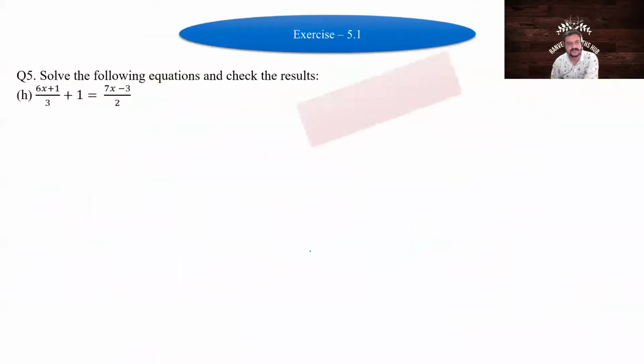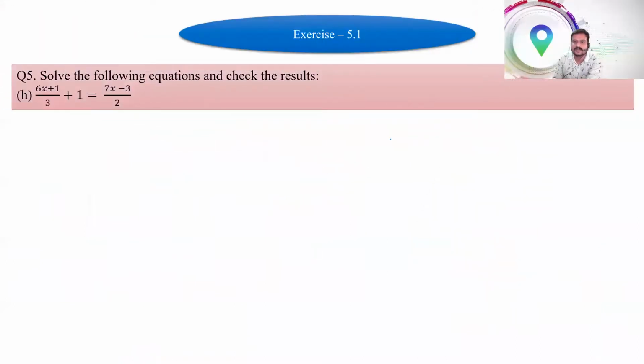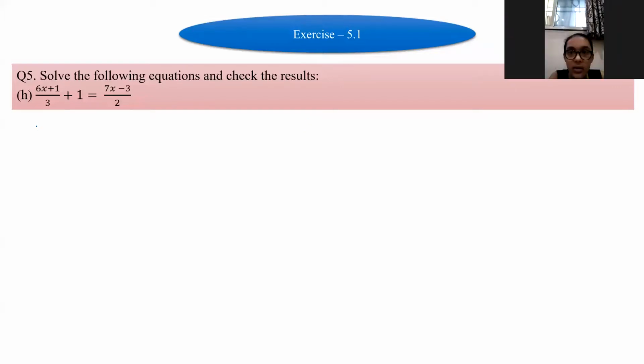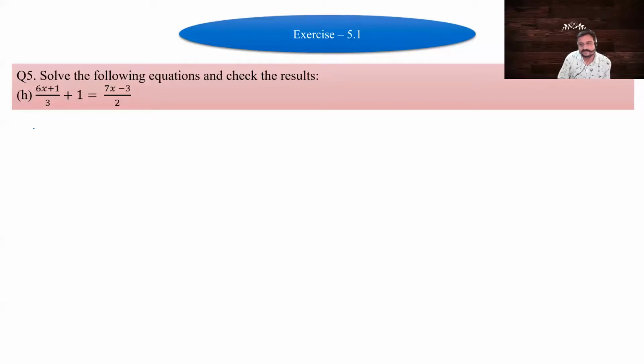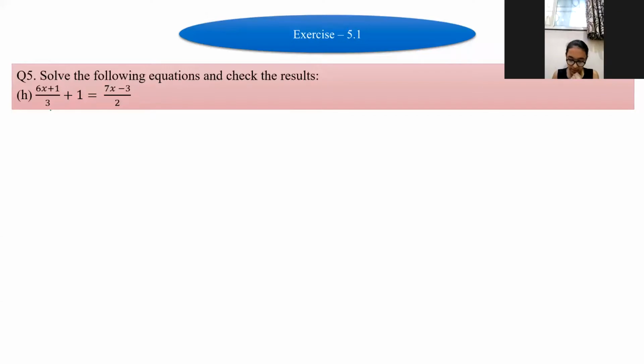Okay, next one. Who will do the next one? Palak, bolo. Palak Jain. Yes, sir. Your question is 6x plus 1 upon 3 plus 1 is equal to 7x minus 3 upon 2.